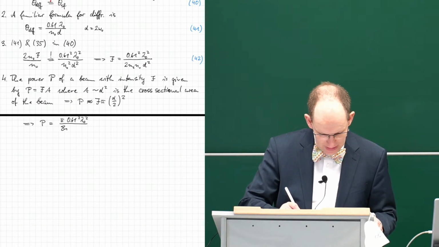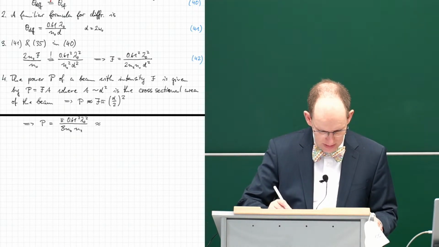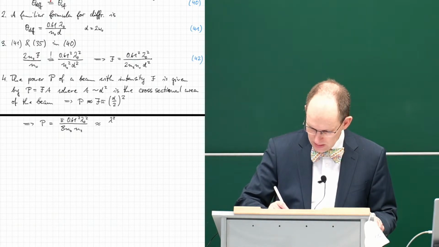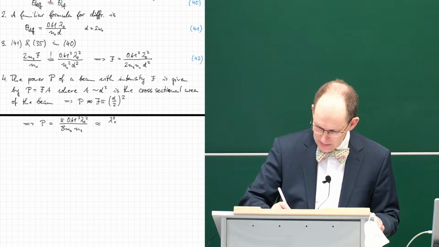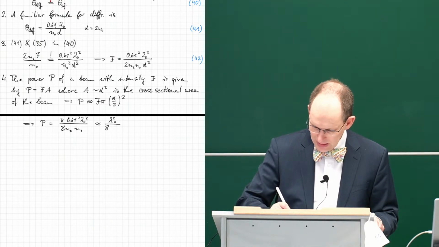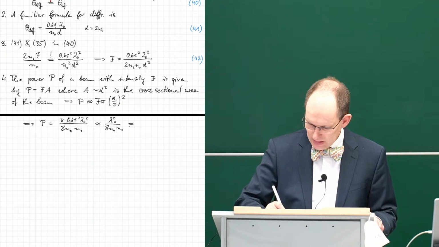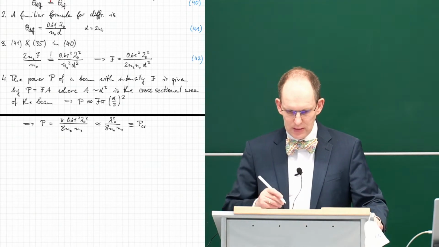So we have A times n0 times n2, and this is approximately lambda 0 squared divided by A times n0 times n2, and this is the so-called critical power.